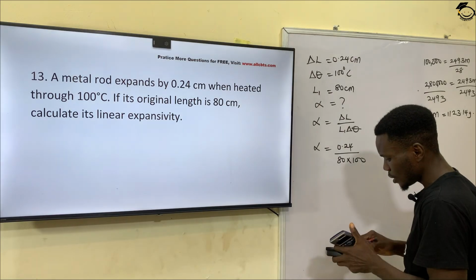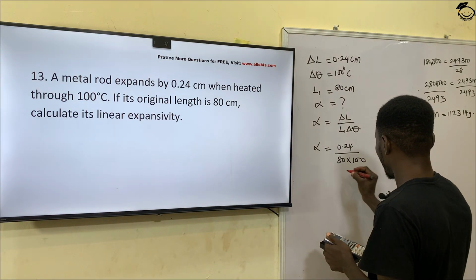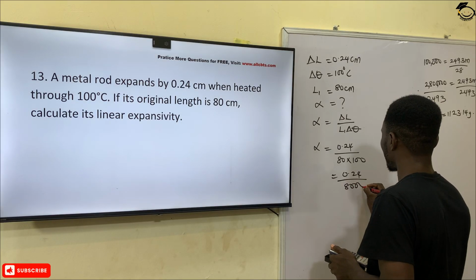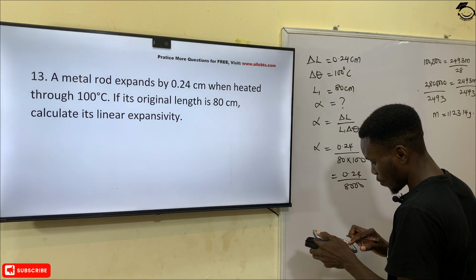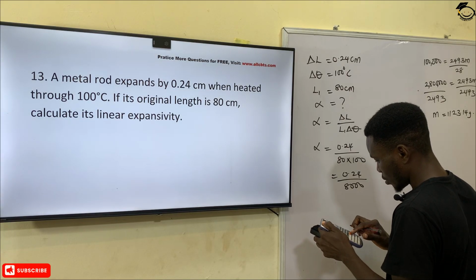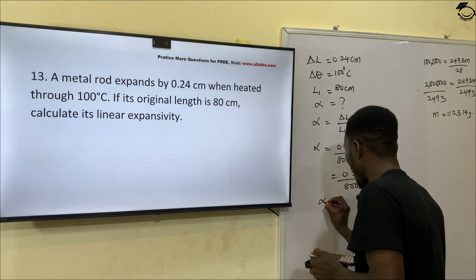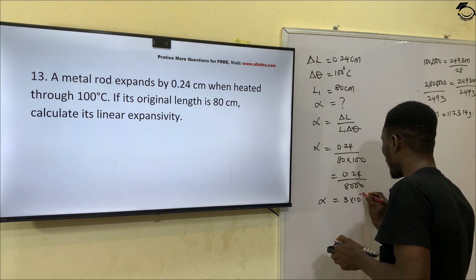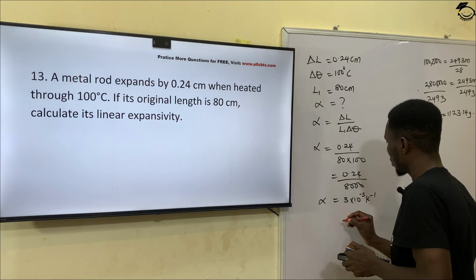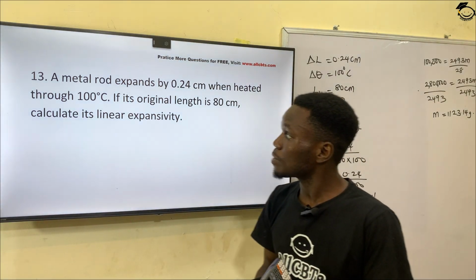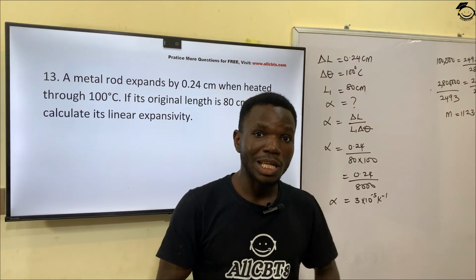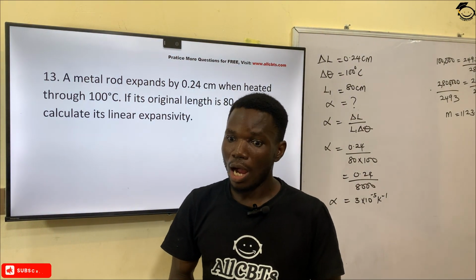This means I have 0.24 divided by 8,000. That means my alpha is equal to 3 times 10 raised to the power minus 5 per Kelvin. So the linear expansivity of this particular metal rod is 3 times 10 raised to the power minus 5 per Kelvin.